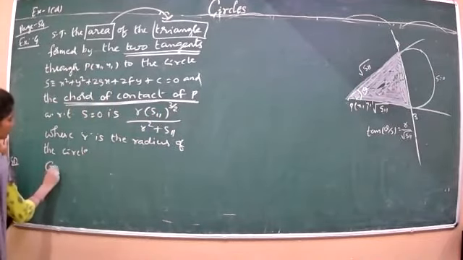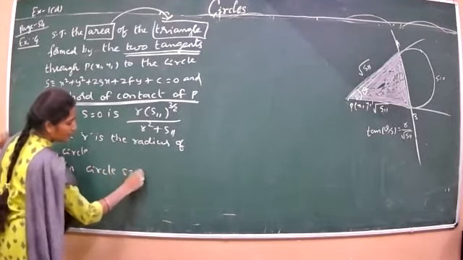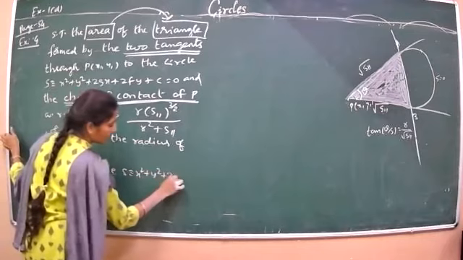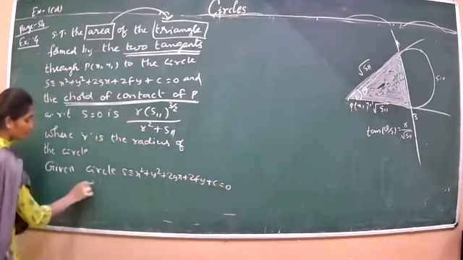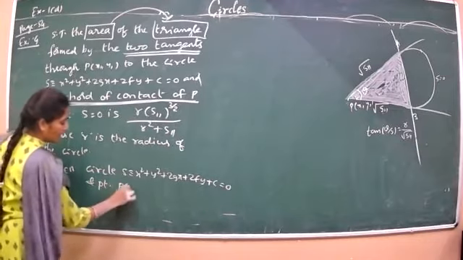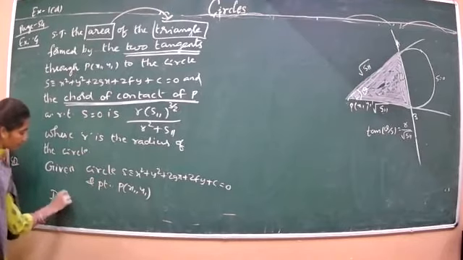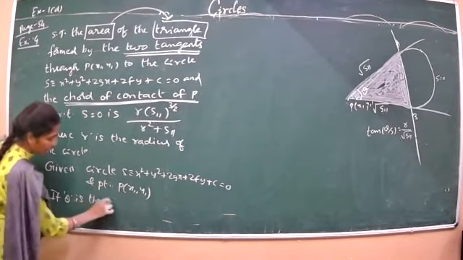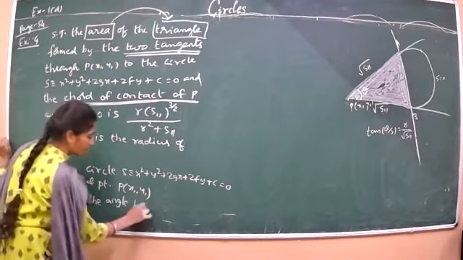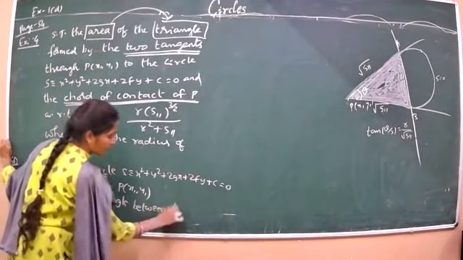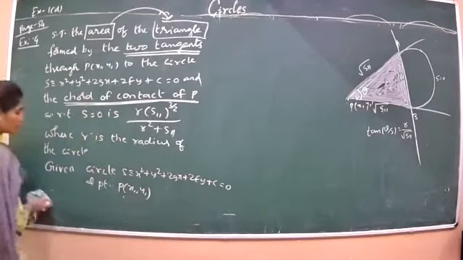Solution. Given circle S equal to x square plus y square plus 2gx plus 2fy plus c equal to 0, and the point P(x1, y1).